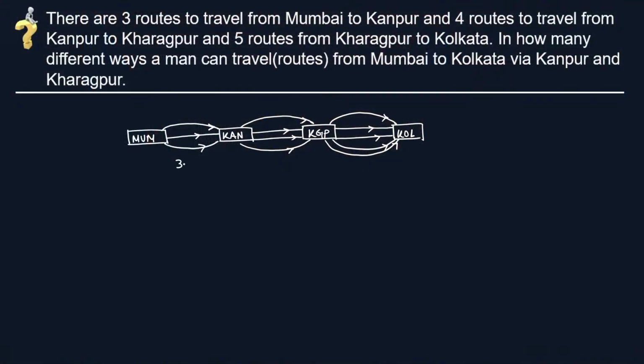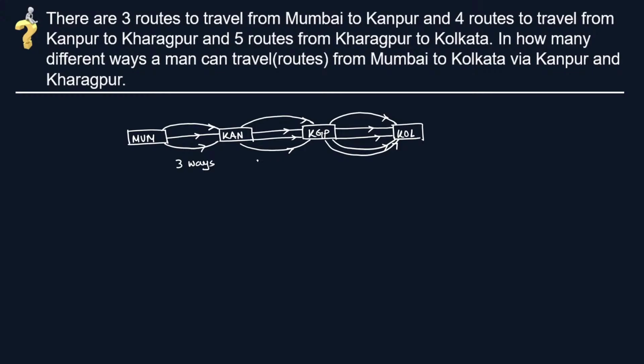Now, from Mumbai to Kanpur, there are 3 ways. So, a person can choose one way at a time. So, there are 3 ways for the person to reach Kanpur from Mumbai because there are 3 routes in between. Now I have reached Kanpur. From Kanpur to Kharagpur, we have 4 routes. The person from Kanpur, if he wants to reach Kharagpur, will choose one route among these 4 routes given.